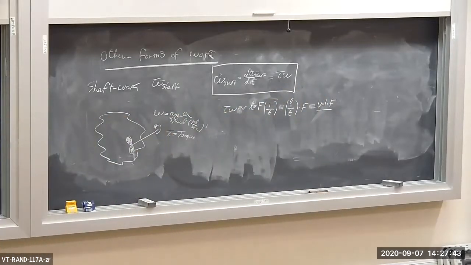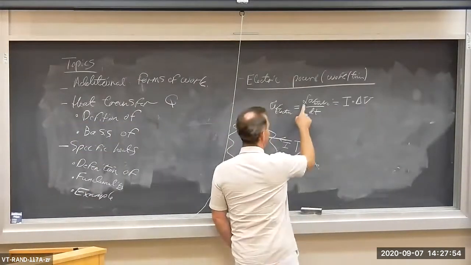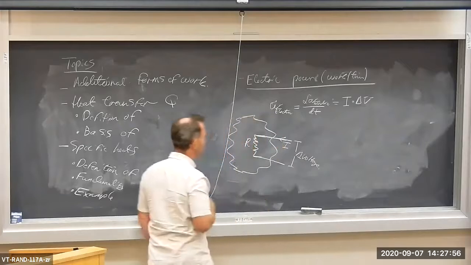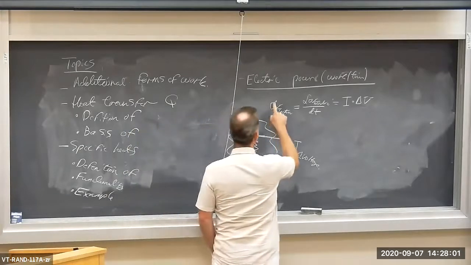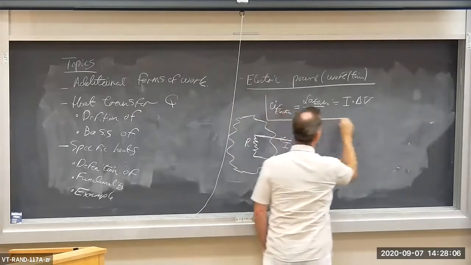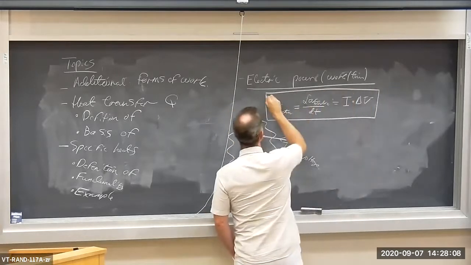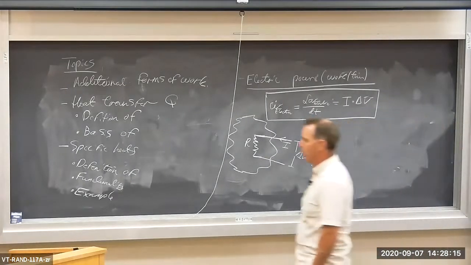And then we have electric power. The rate at which electric work is done, W dot electric, is I times delta V, the current times the volt drop across the resistor, okay? So three forms of work.